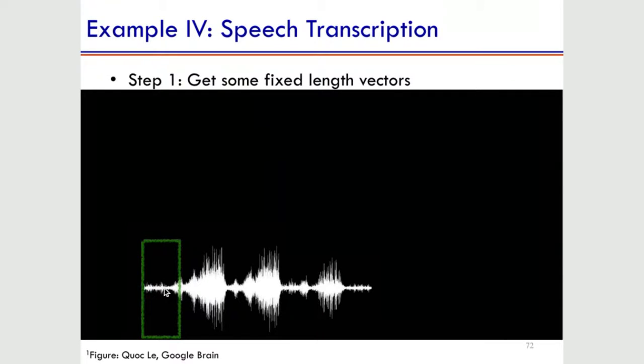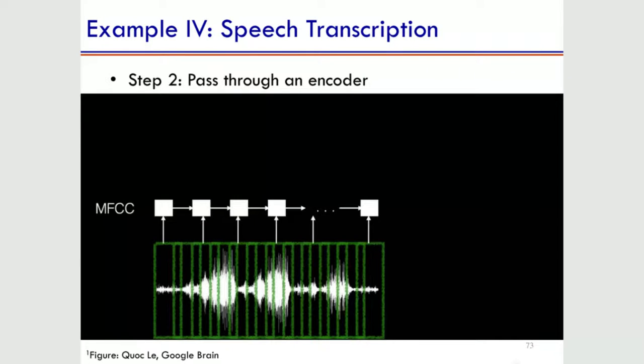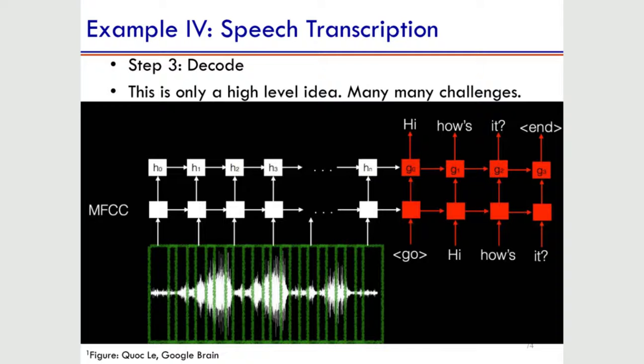Okay, so it's just magnitudes at different time points. Okay, and you can do overlapping blocks of such temporal signals, and then you can transform them into what are called Mel frequency, I guess. I forget what this is.